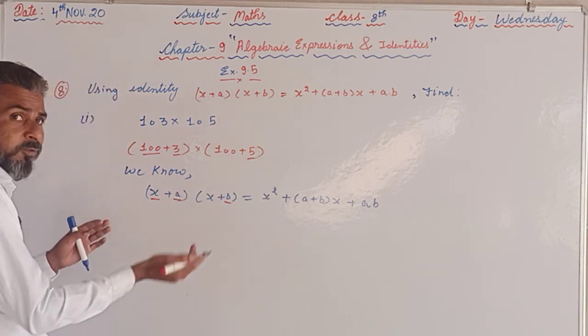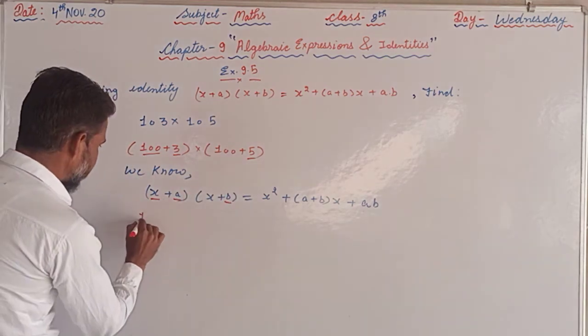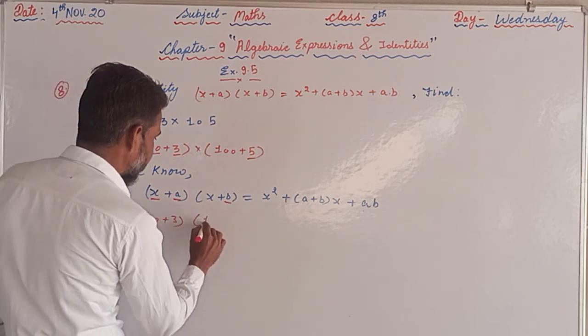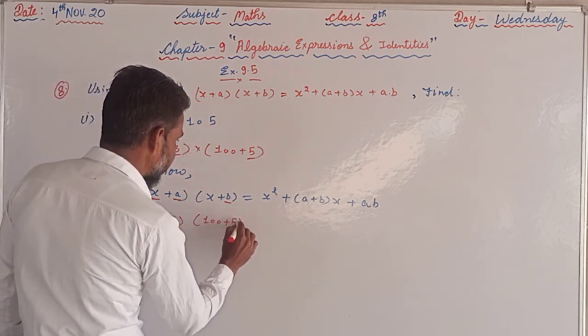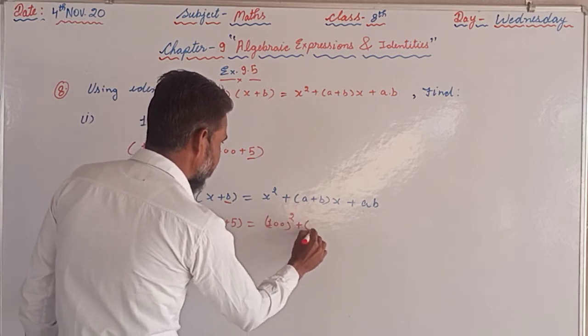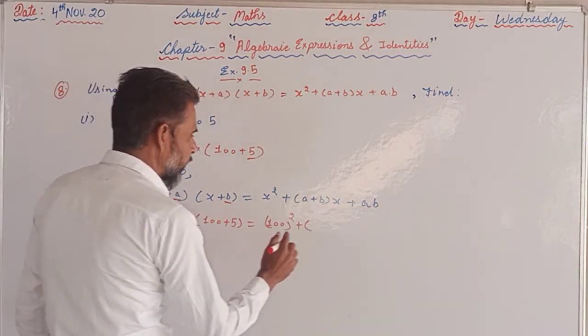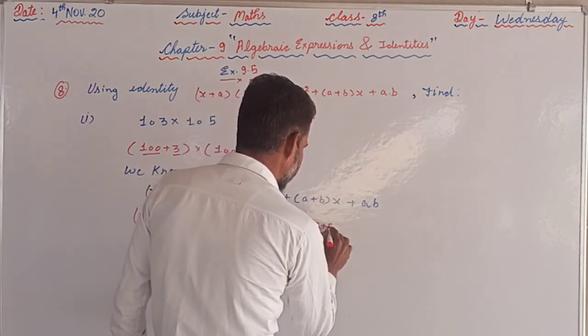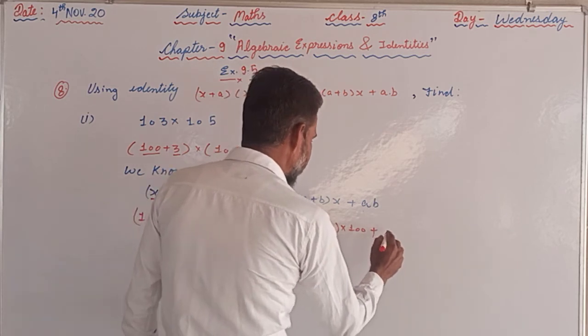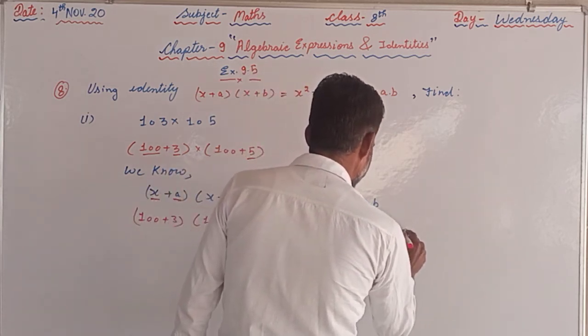So we are supposed to substitute on both sides. So here it becomes 100 plus 3 into 100 plus 5. Here x square means 100 square plus a plus b means 3 plus 5 into x means into 100 plus ab means 3 into 5.